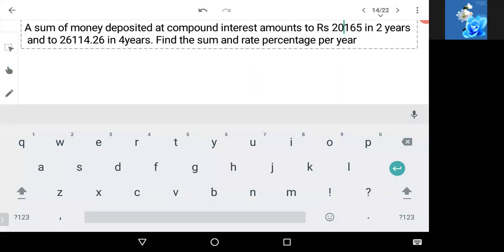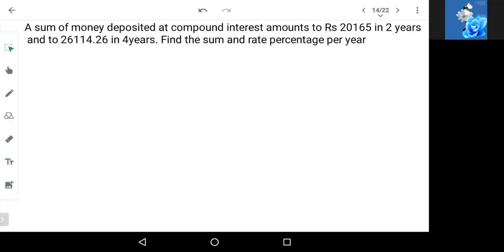In 2 years that amount is going to become 20,165, and in 4 years it is going to become 26,114.26. So we have to find the sum and the rate of interest.